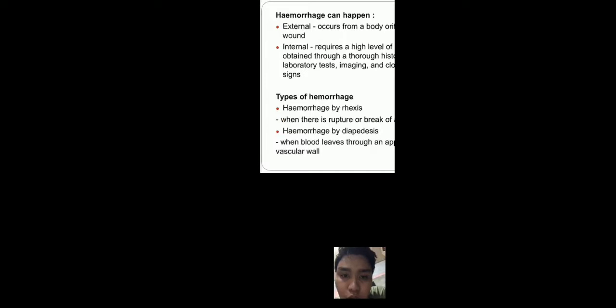Ecchymosis is a hemorrhage 1 to 2 centimeters in size, and extravasation is a hemorrhage affecting a large area. Hemorrhage can happen internally and externally. External hemorrhage can be observed in traumatic wounds in the body or orifice. An internal hemorrhage can be observed through intensive diagnostics.